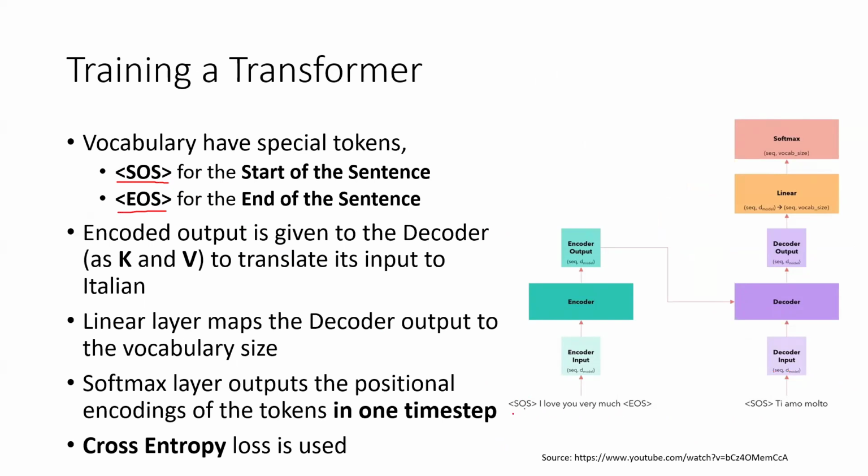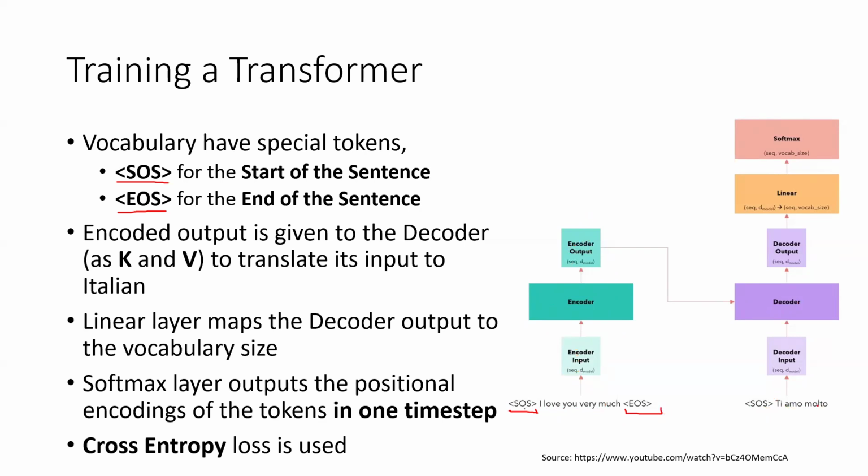So if you are trying to translate from English to Italian, the sentence starts with SOS and ends with EOS, right? And the whole sentence is given, I love you so very much, which is encoded with the encoding input, and then the encoder is processed and the encoder output is generated, right? And it is given to the decoder.